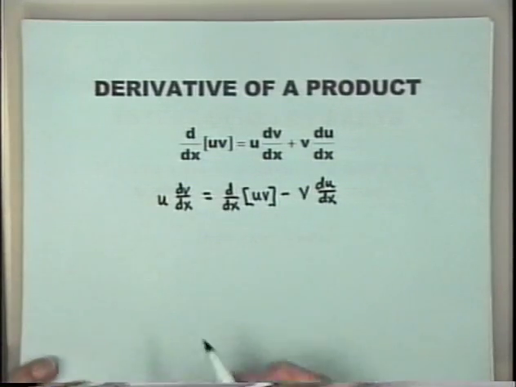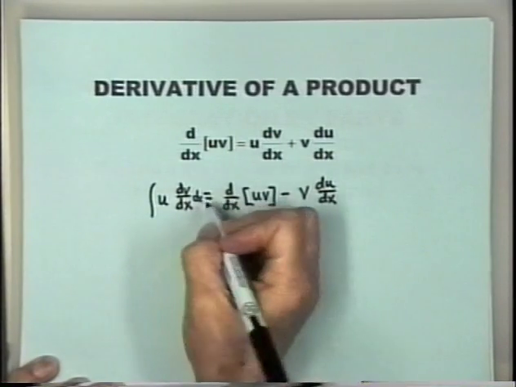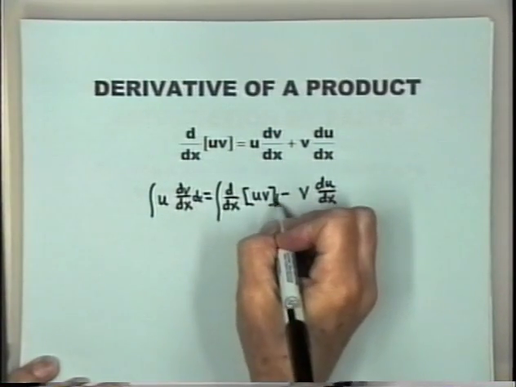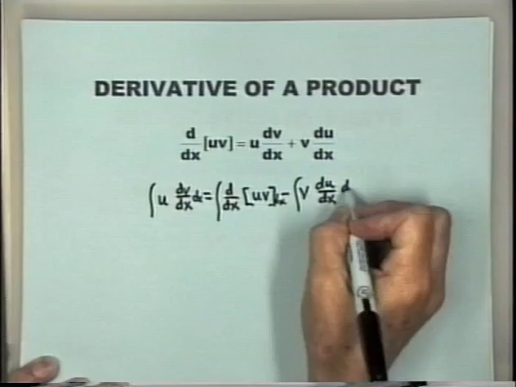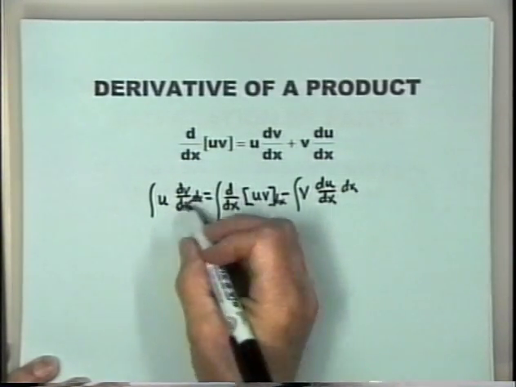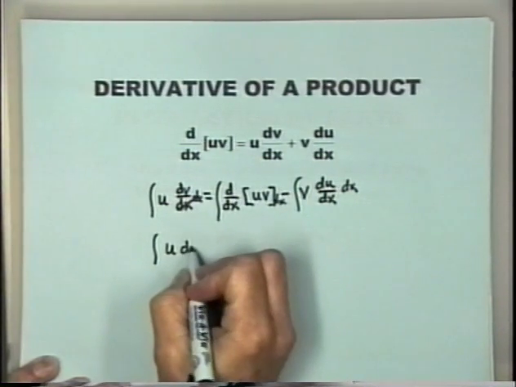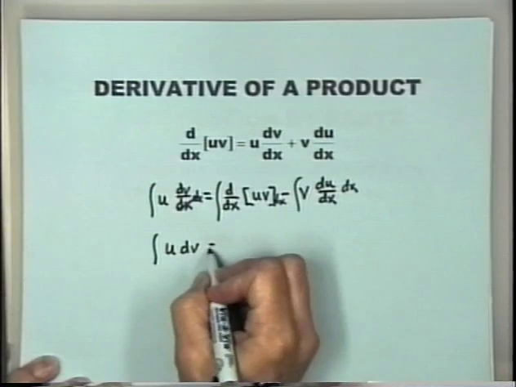In this form, I'm going to find the antiderivative with respect to x of each part of this. Okay? Notice here these dx's will cancel. So I have the integral of u times dv.